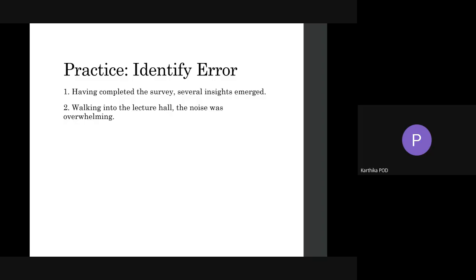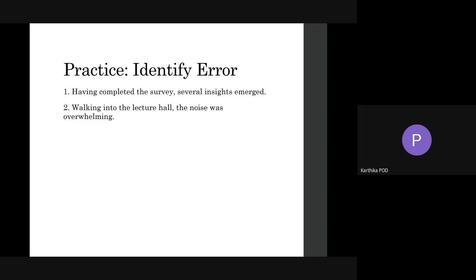What's the error here, or can you rewrite the sentence? "Having completed the survey, the students emerged several insights." The students, no, students won't emerge. Insights emerged, but then you need to have the subject.